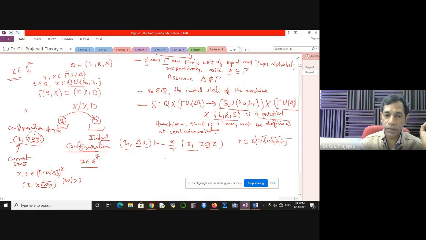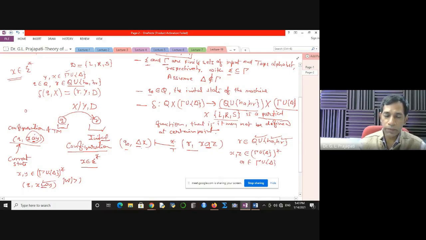X and z are strings taken from Γ union blank. A belongs to either the tape symbols or can be blank. Underline shows that your tape head is currently scanning the symbol A.